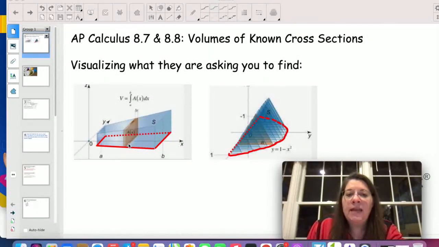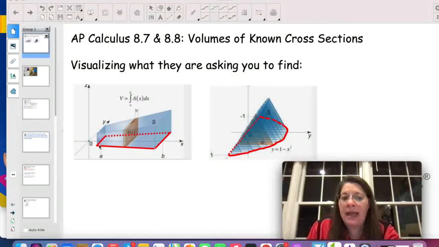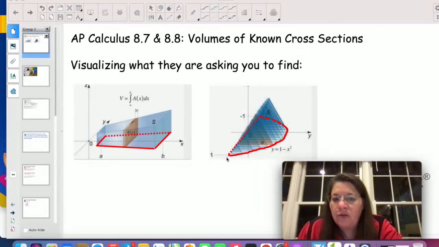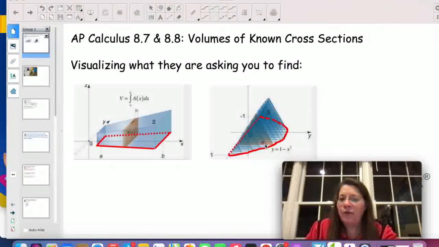And then the idea is if we separate this thing into an infinite number of that basic shape, then we can take the integral of that 2D shape from A to B and find the volume of the shape that is formed using that cross section. In this one, it looks to me like the graph was a parabola, and then this diagonal line going from where those two things intersect, and it looks like the cross section here is an equilateral triangle.